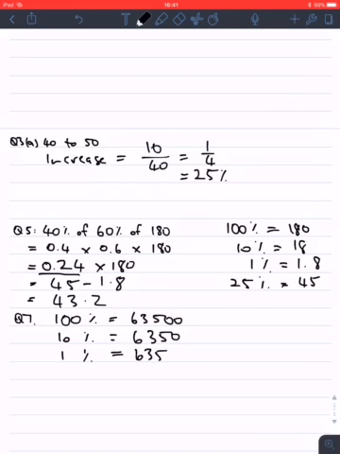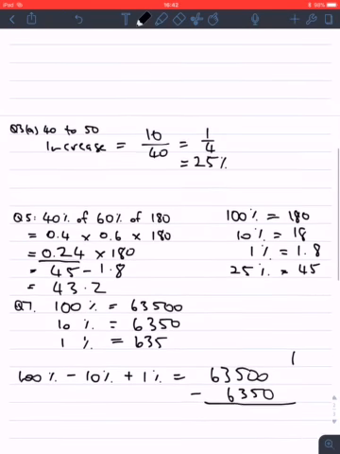So if I want to know 91%, I could do 100% minus 10%. So that gives me 90%, plus 1% gives me 91%. And that's equal to 63,500 minus 6,350.